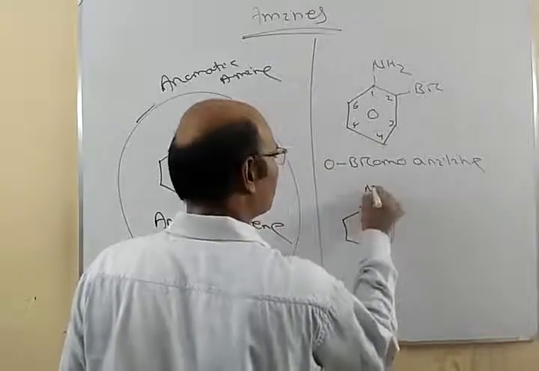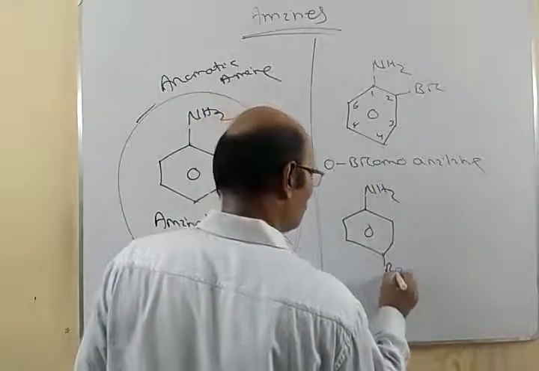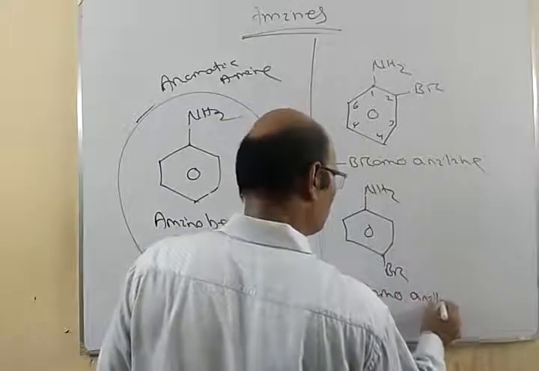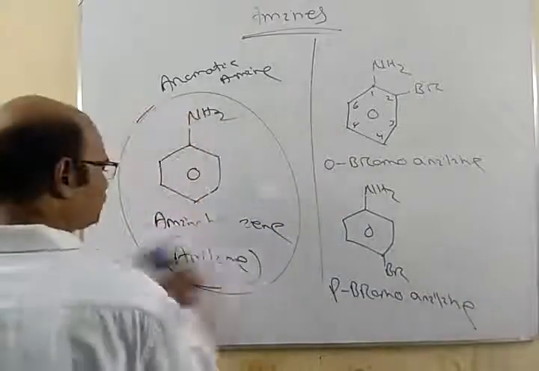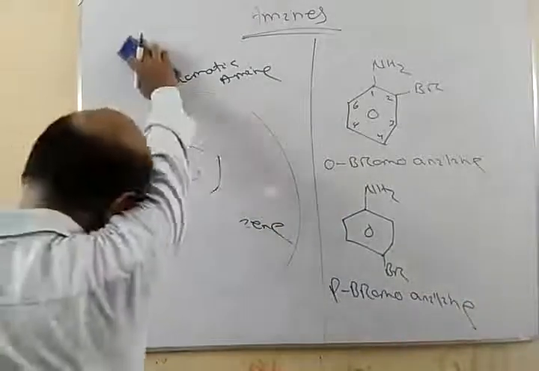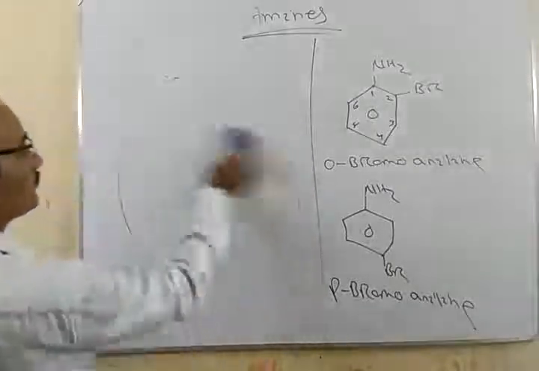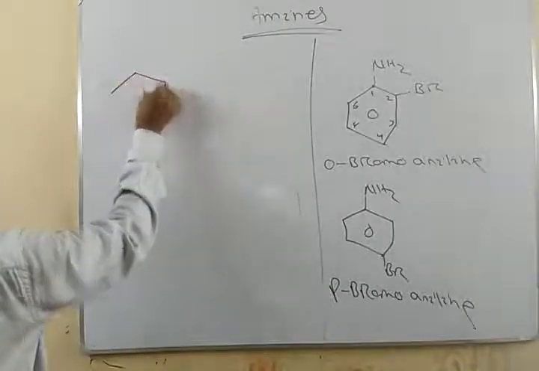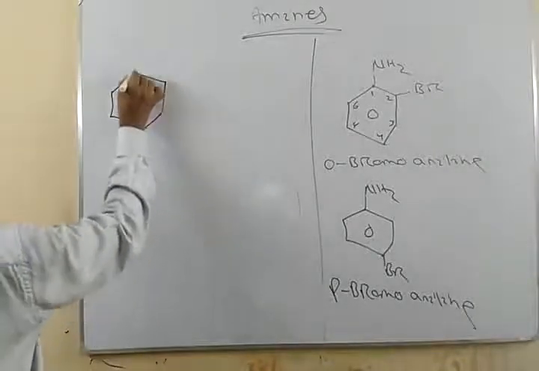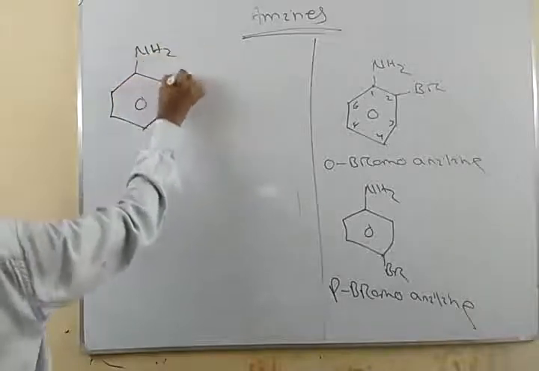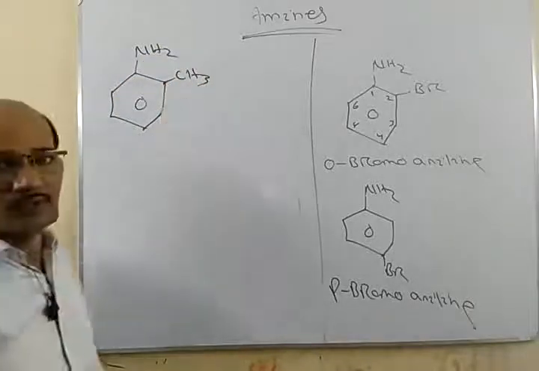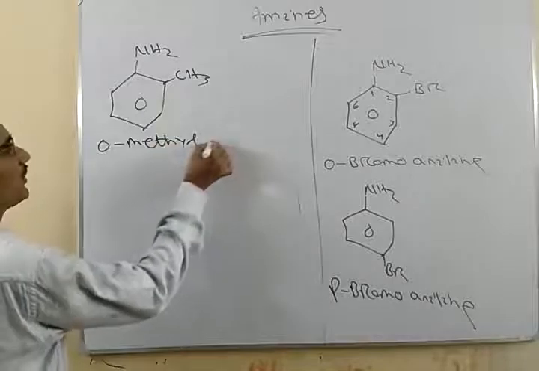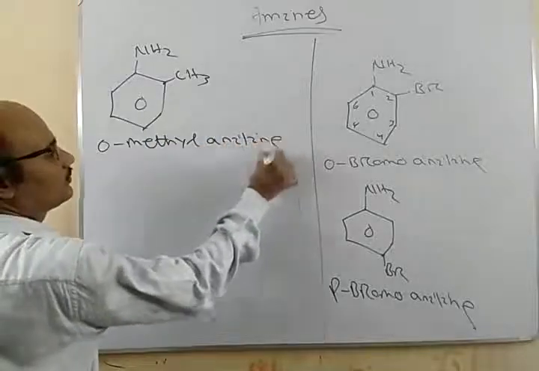Similarly, NH2 and Br at the para position: para bromo aniline. Similarly, we go for NH2 with CH3, or you can say ortho methyl aniline.